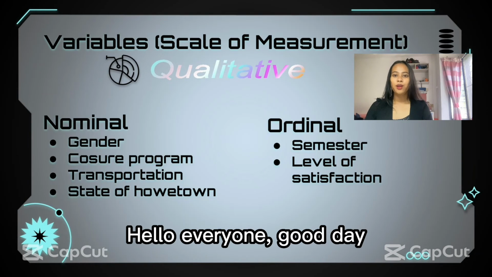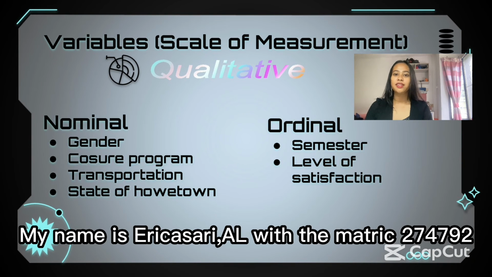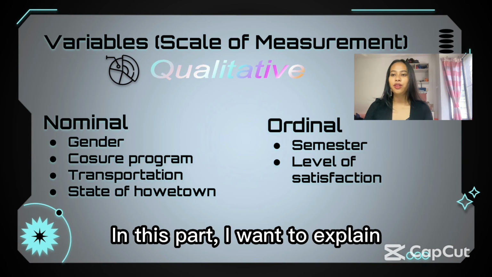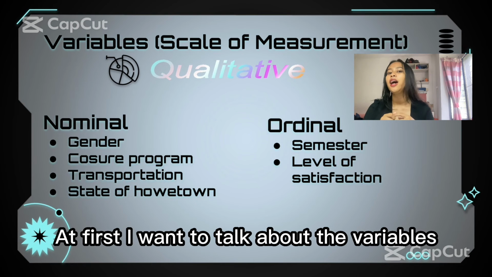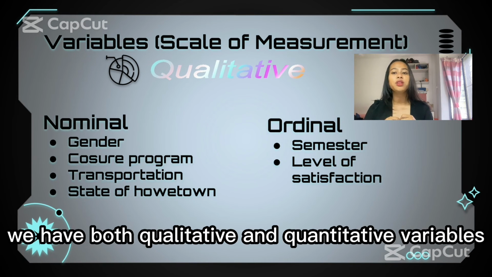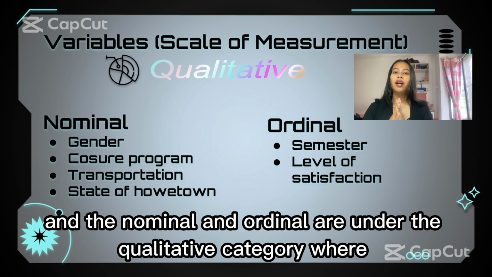Hello everyone, good day. My name is Erika Sari with the matric number 2747192. In this part, I want to explain more about our progress and our data. First I want to talk about the variables. We have both qualitative and quantitative variables.